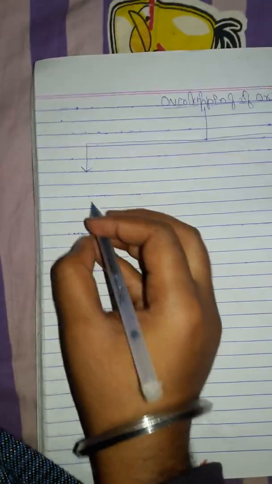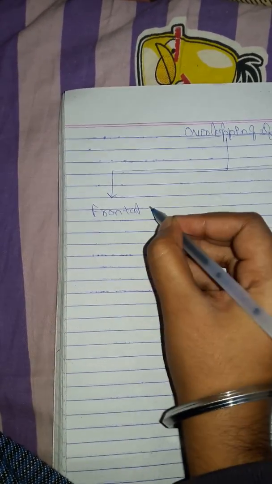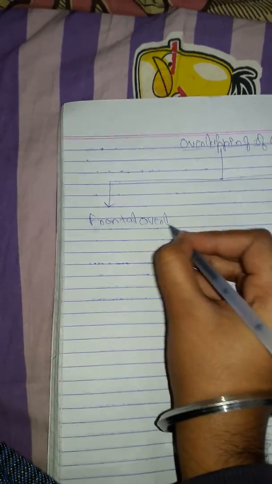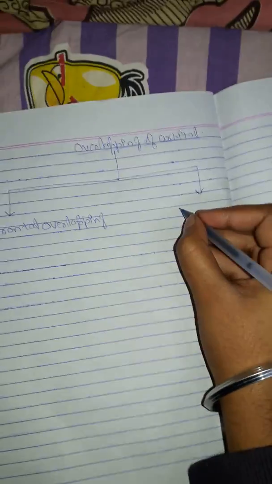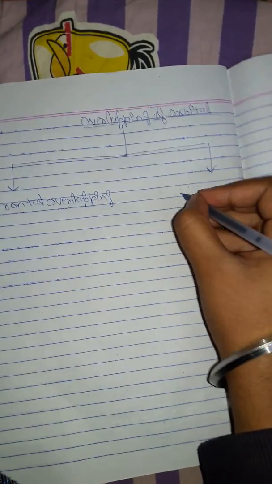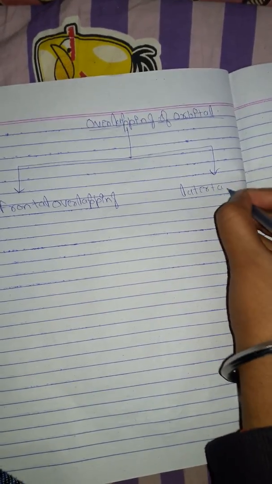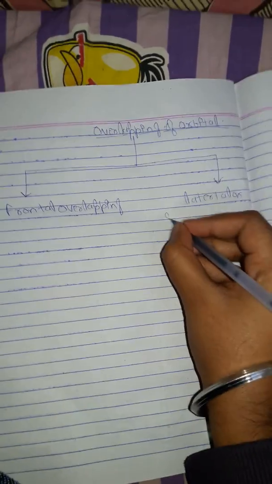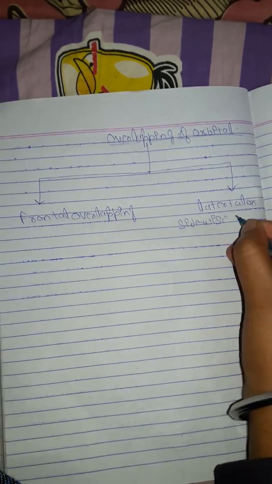First one is frontal overlapping, and the second one is lateral or sidewise overlapping.